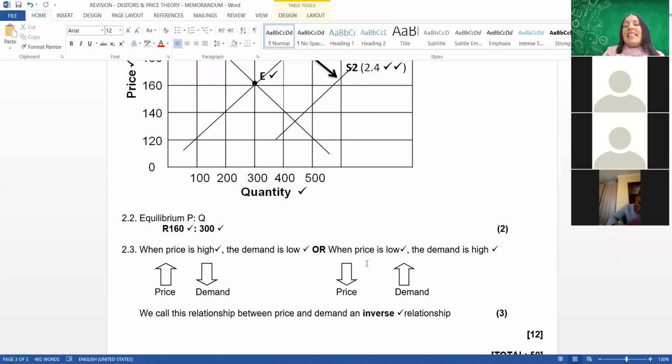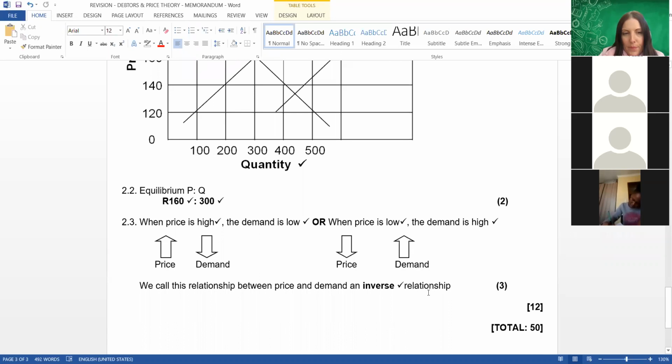We say that there is an inverse relationship, or a negative relationship, between price and demand. So 2 marks for your definition of the law of demand, and 1 mark for inverse, or I'll take negative slope or slant even, right? Okay, and then 2.4, I hope that you managed to get this one right.